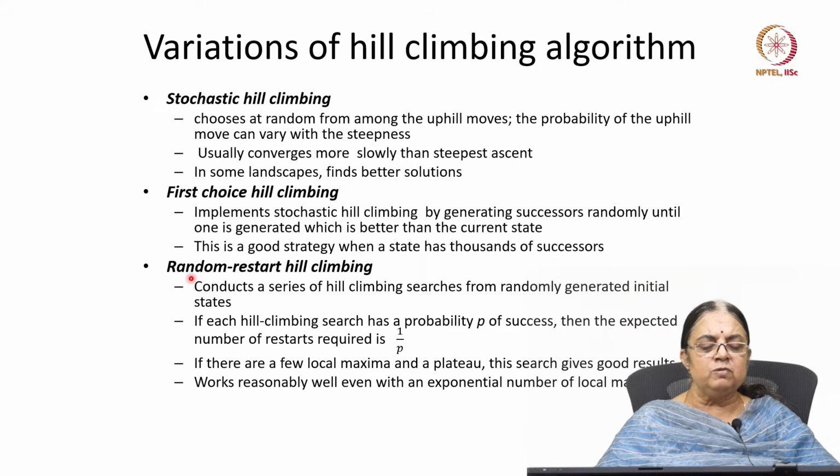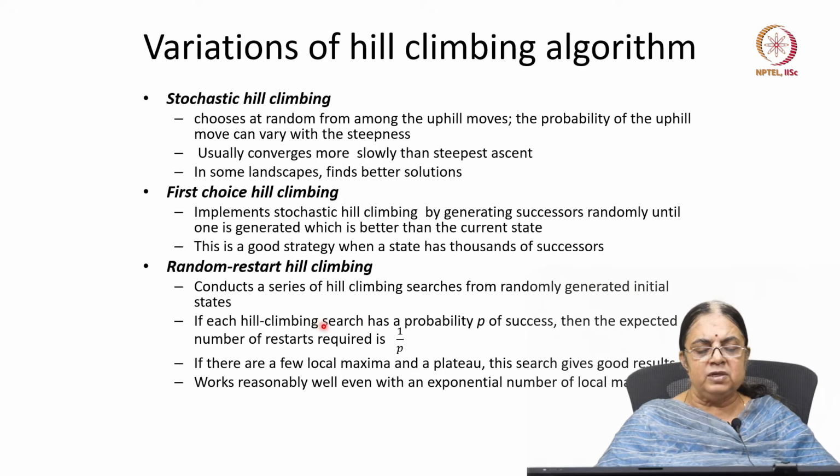And the next one is what is called random restart hill climbing. You do hill climbing from a number of current positions, not just one. For each position that you use, you will get one local maximum, and then you can put them all together and decide which is the global maximum.